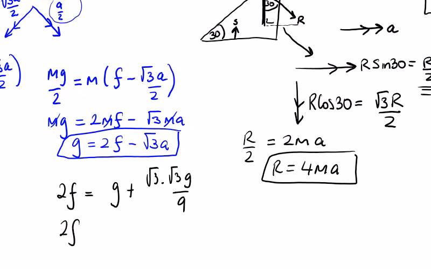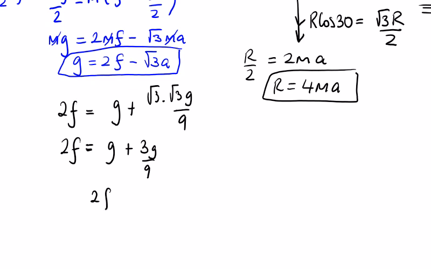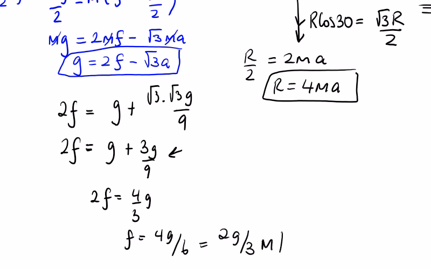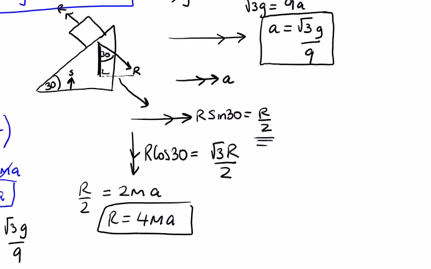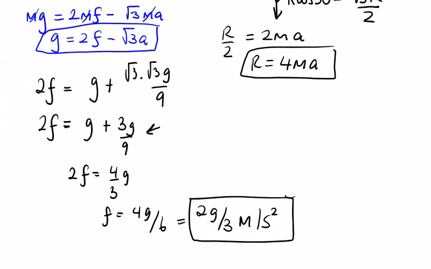So 2f is equal to g plus 3g over 9, that's a third, so 4g over 3. So f is equal to 4g over 6, or 2g over 3 meters per second squared. So we have f, and we have a somewhere up there: root 3g over 9, and 2g over 3.